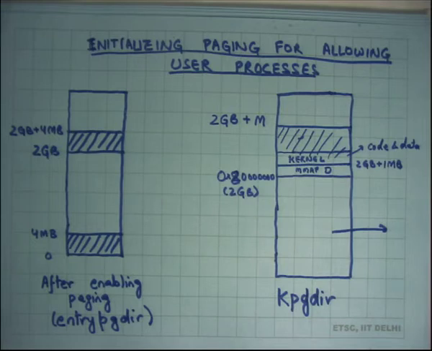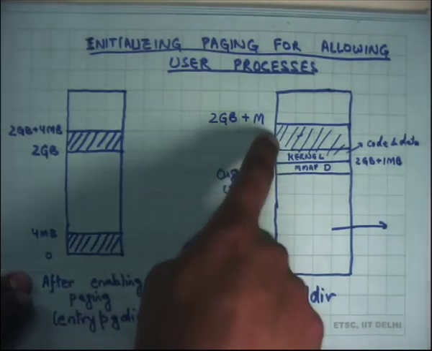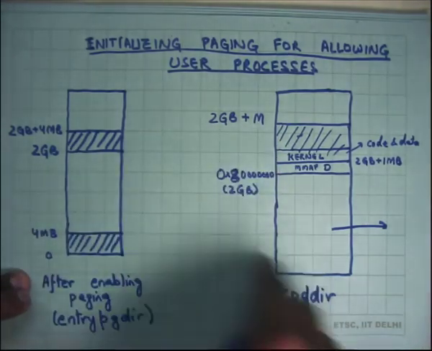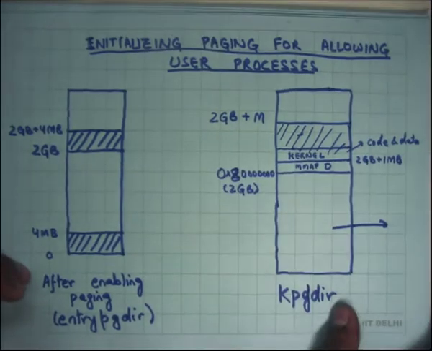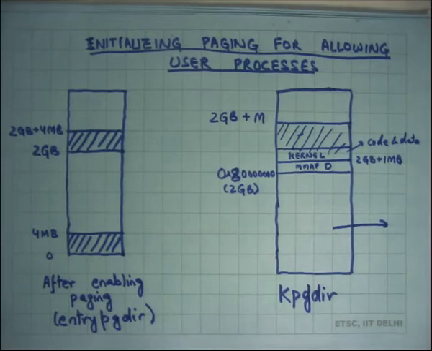So there are two names for the same physical location: one name will be kern base plus something, and the other name will be wherever the user wanted to allocate it. Alright.